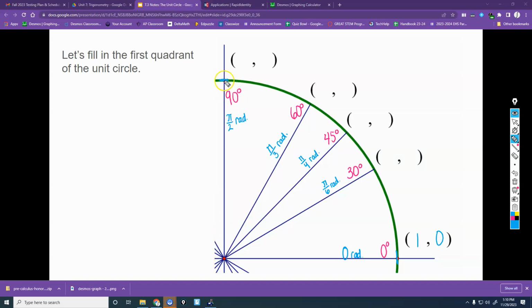So that vertical point right there, that is (0, 1). Okay, so that problem that we did where we put the triangle in there and we had the 30-degree angle, when we found the coordinates of that point right there, we got square root of 3 over 2 and 1/2 for that.